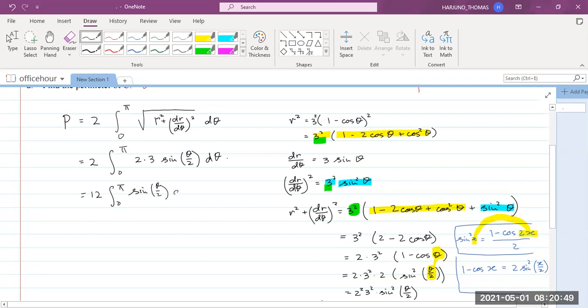That's right. Okay, is the answer 24? Let me check. So this is negative 2 cosine theta over 2. Yes, it's 24, from 0 to pi. Yeah, that's 24.